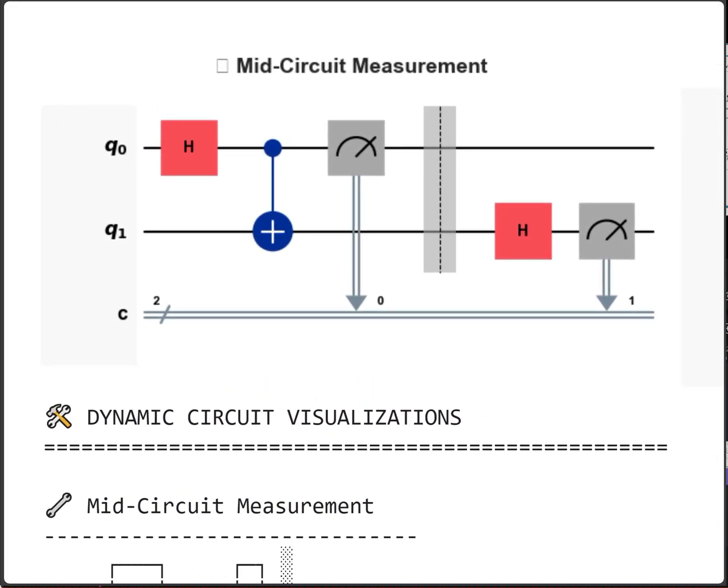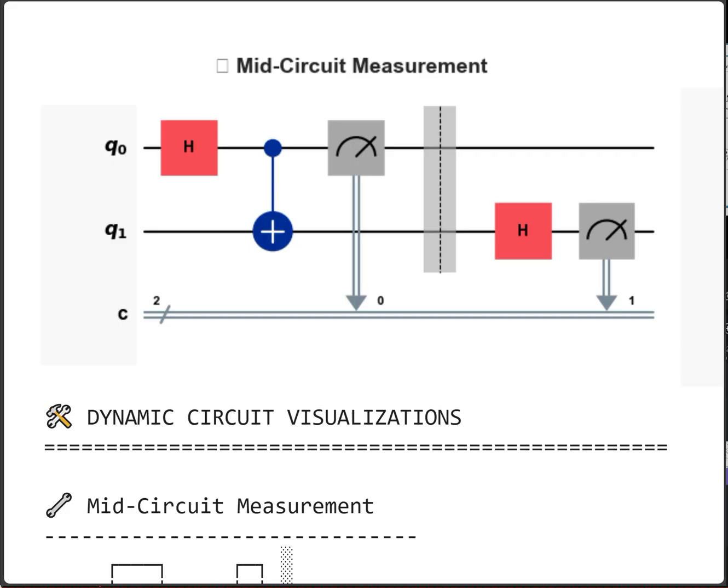You have qubit 0 and qubit 1. Remember that this is read from left to right, and the Hadamard gate is going to be applied to the qubit 0, Q0, and then you're going to have this CNOT.